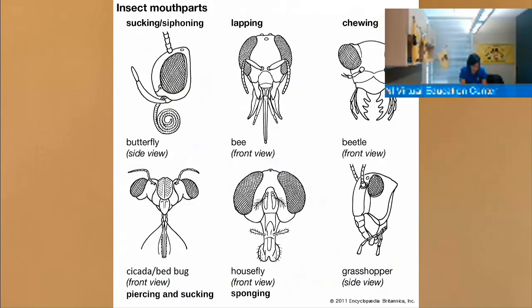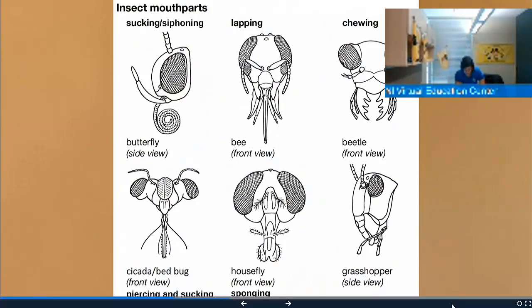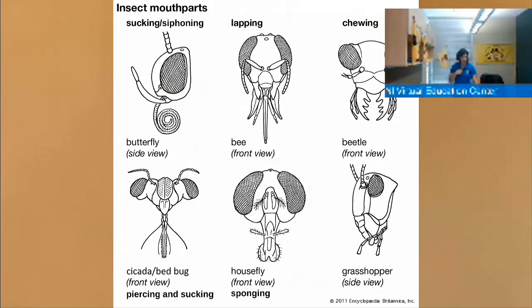Then when it's partially digested, the housefly will suck it back in and feed on that. During this process of feeding, they are transmitting diseases. It's one way of transmission of diseases. Also when they land on the food or defecate on the food.